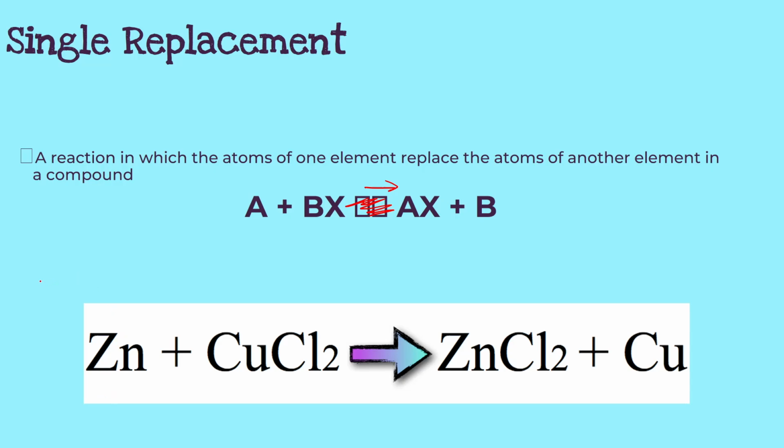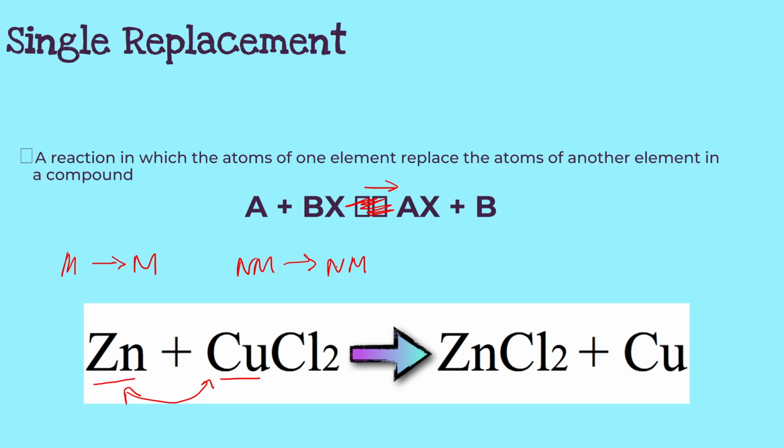When we're bonding these, our metal will kick out another metal, or a non-metal will kick out another non-metal. Okay, so that's really important. We don't ever have a metal kick out another non-metal, or vice versa. So notice here in this example, zinc and copper are my 2 metals, and they're the ones that are going to be trading places.